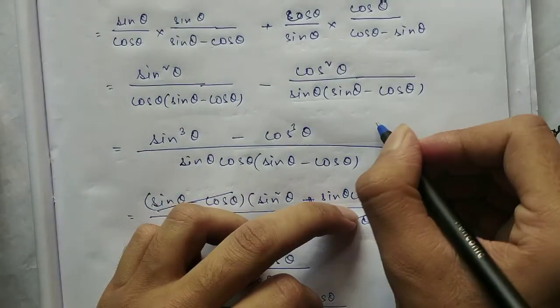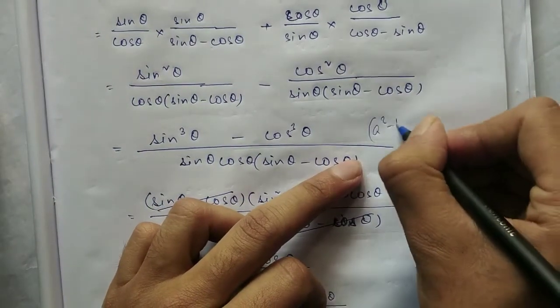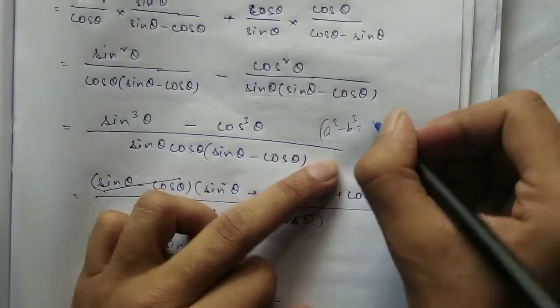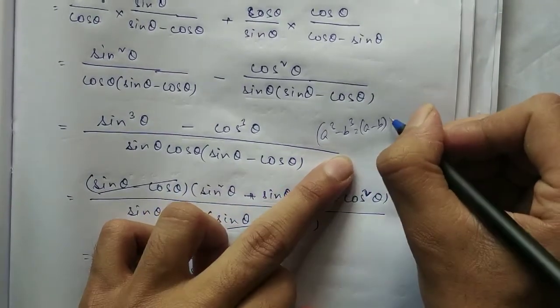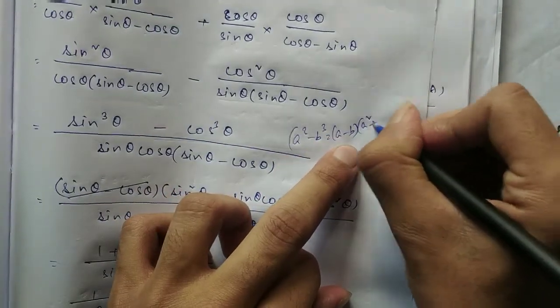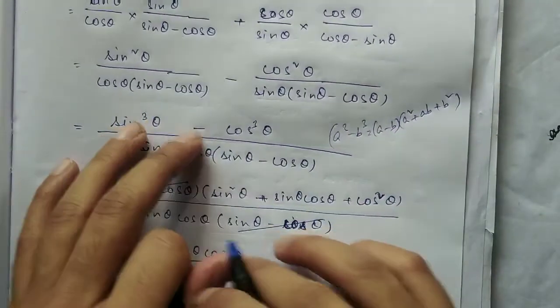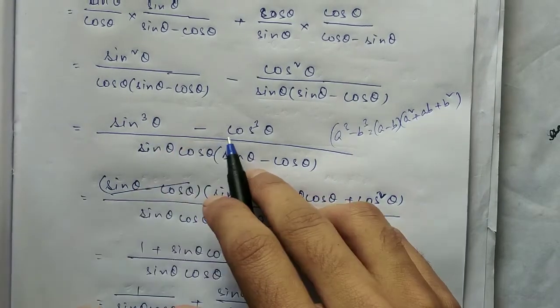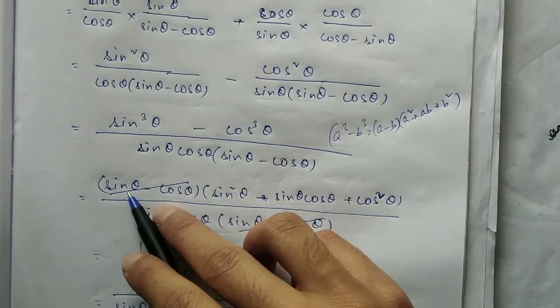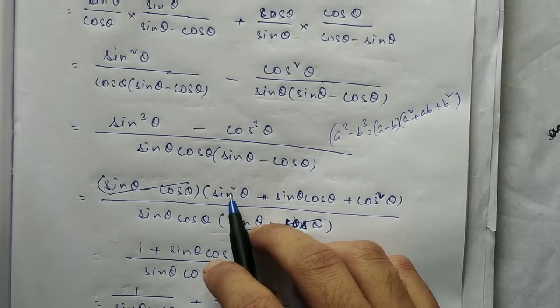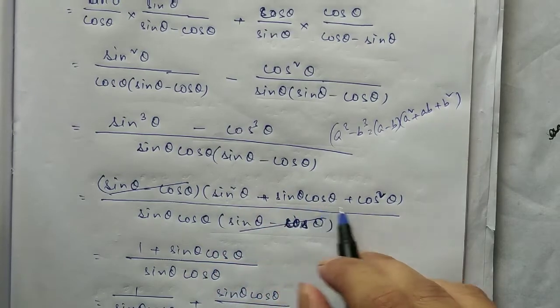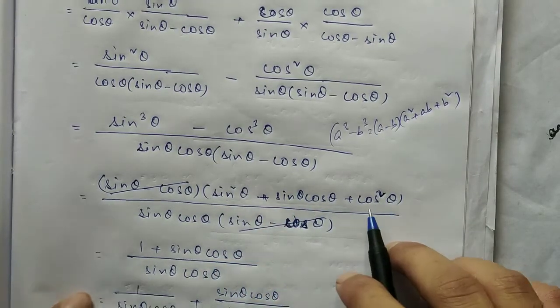Now we know that a cube minus b cube is equal to (a minus b) into (a square plus ab plus b square). So sin cube theta minus cos cube theta comes out to be (sin theta minus cos theta) into (sin square theta plus sin theta cos theta plus cos square theta).